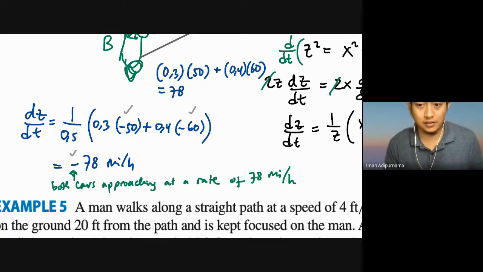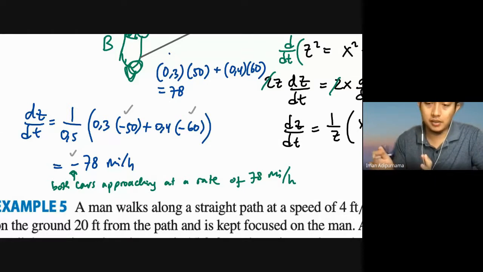Because here you just say, okay, I will make both cases positive, and when you get the result positive, you have the same conclusion that the cars both are approaching at this rate, this 78 rate.